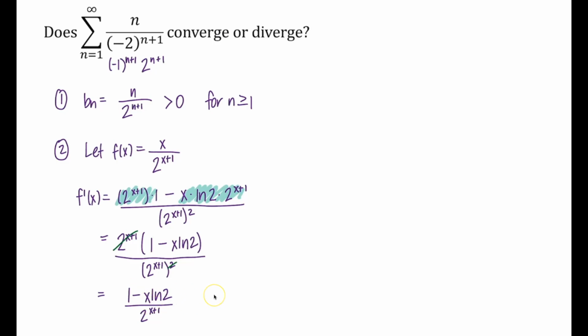So what I really want to show is that 1 minus x times natural log 2 is eventually less than 0, because I know the denominator is always positive, so I need the numerator to be negative. So let's solve this inequality. Notice it's a linear inequality. It just has an x in it. So we can solve for that x by subtracting 1.